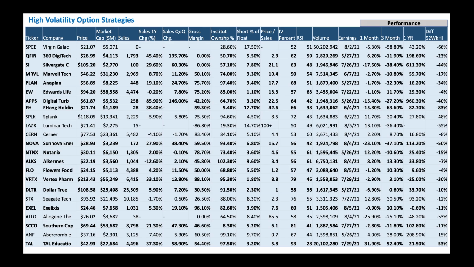I think they successfully launched a space shuttle or space vehicle. So that's why the stock is going up. Let's look at SPCE with the IV percentile of 52 and an RSI which is somewhere in between, which is 51, not too bad. Let's see what's the best strategy here.